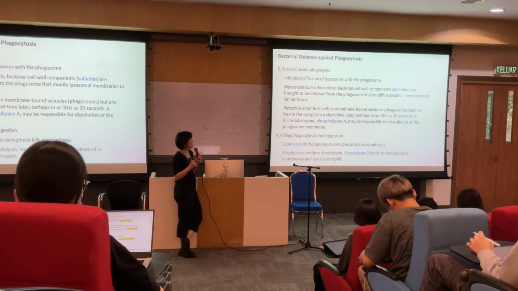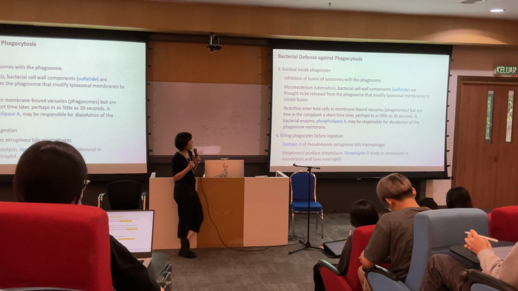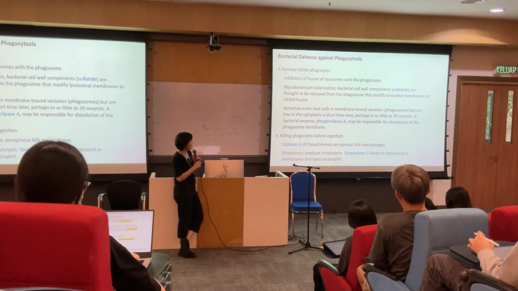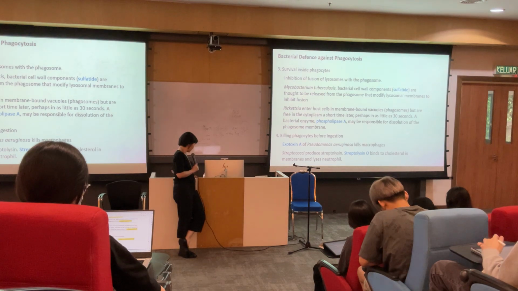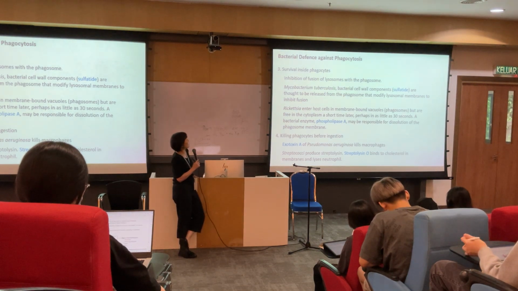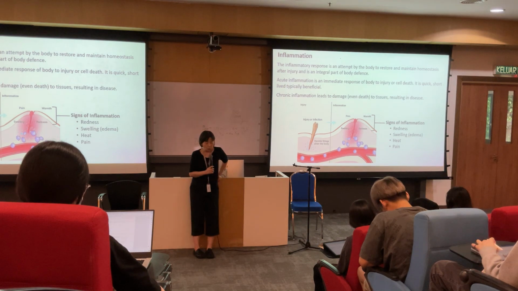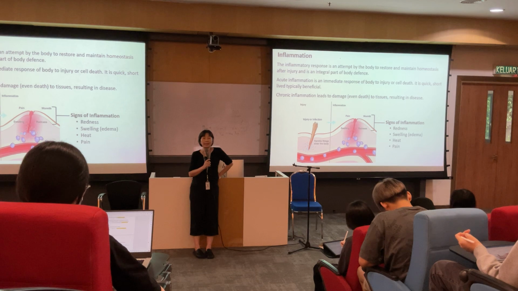Basically, they integrate into the phagocyte membrane, destroy the membrane, and make the phagocyte die that way. Right, so those are the 4 examples of how bacteria are able to avoid being digested by the phagocyte.